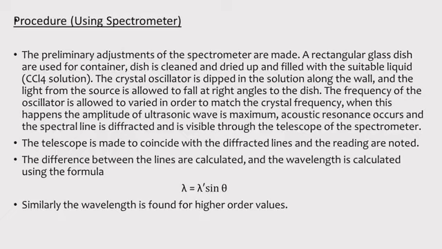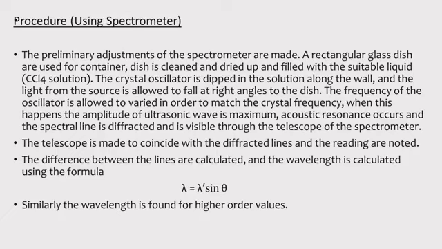There may be more than two on either side, because there might be higher order spectral line diffractions. The telescope is made to coincide with each spectral line on either side, and the result is noted. The vernier readings are noted for vernier 1 and vernier 2.